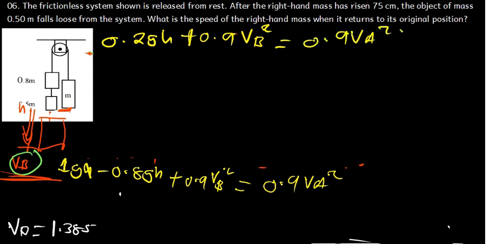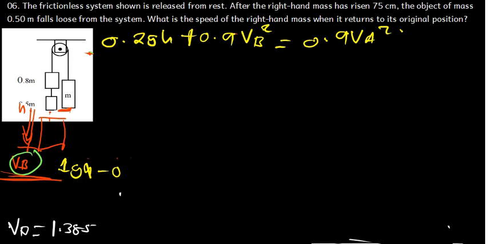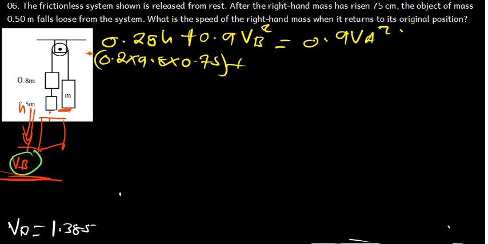Remember we have our vb already. We want to find the va. That is going to be the speed when it went to the original position. So I'm going to have 0.2 times 9.8, the h is 0.75, then plus 0.9, the velocity is 1.385 squared has to be equal to 0.9 va squared.